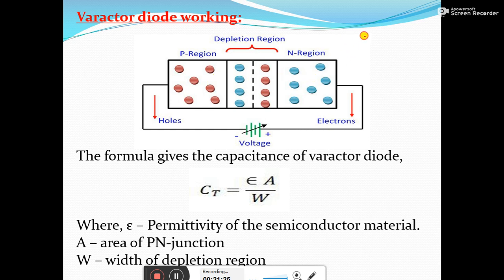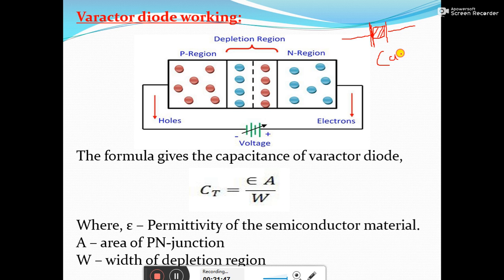You can draw the diagram like this. This is the P region, positive electrode, and this is the N region, negative electrode. These two are separated by an insulating medium of depletion layer. Means the schematic looks like a capacitor.